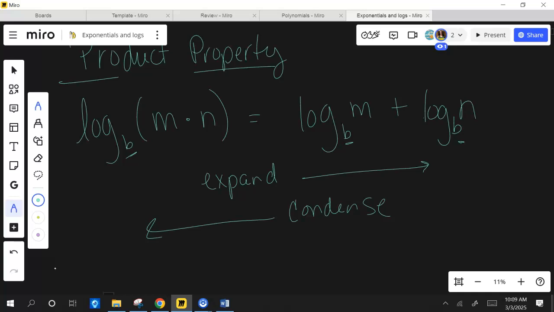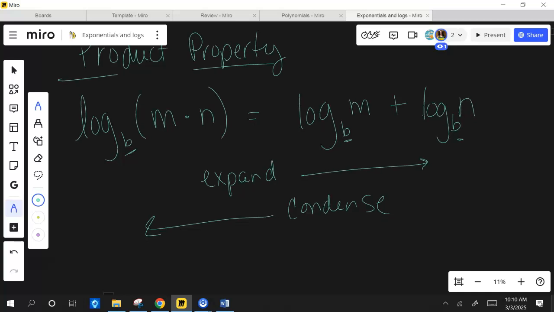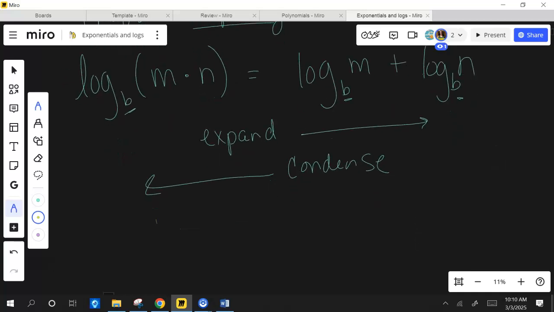So, for example, look at the condensed column there. If I have the log base 3 of 8 plus the log base 3 of 3x. Now this only works when these bases are the same, right?